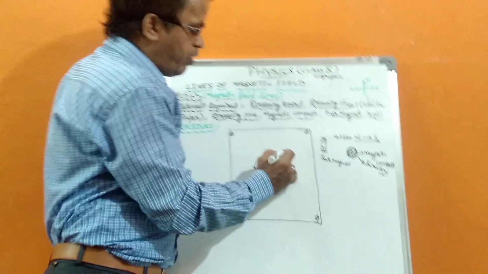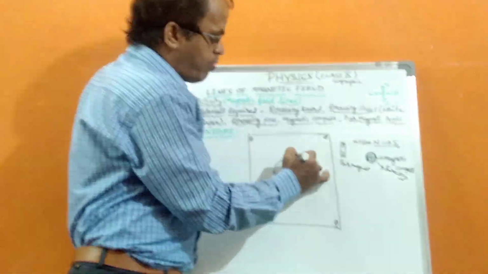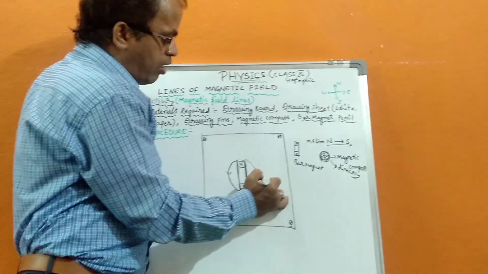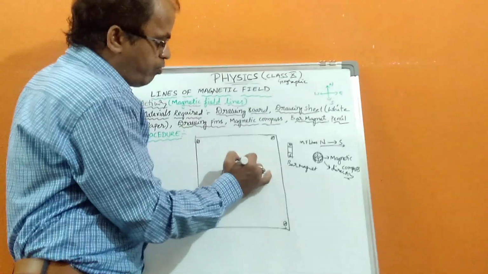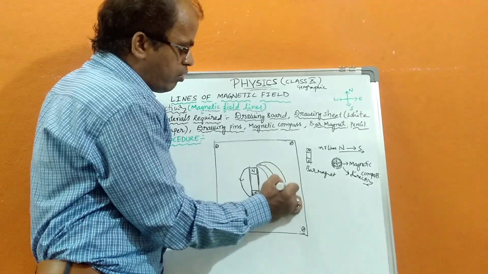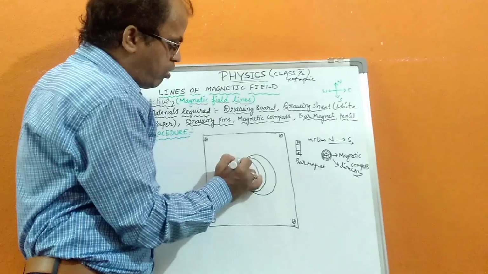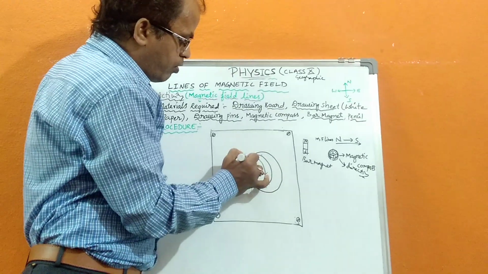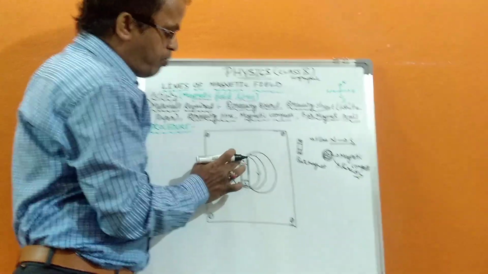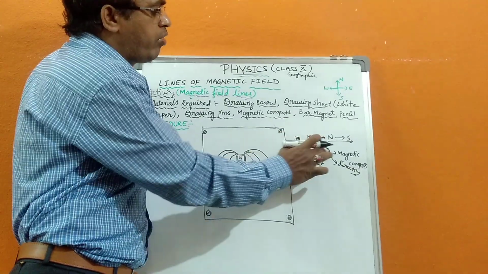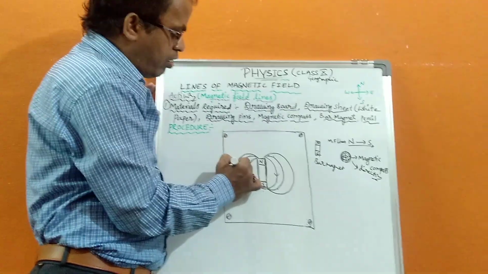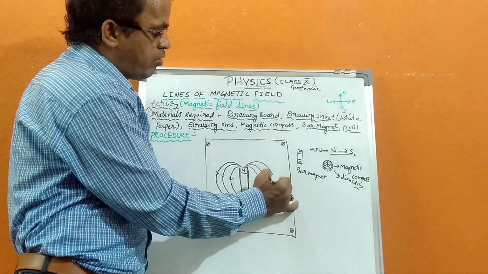We have to place the magnetic compass far from the magnet and it deflects. So on, we get another curved line like this, and we continue, placing the magnetic compass farther from the magnet and putting the dots. We get curved lines like this.